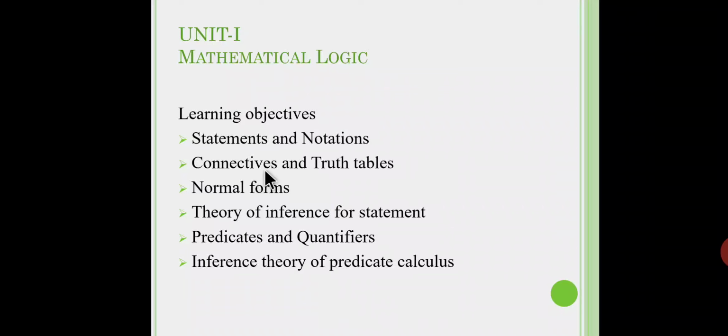The last connective is bi-implication, or the if and only if condition. If both P and Q have the same truth values, either true or false, then the compound statement P bi-implication Q has the truth value true, otherwise in the remaining cases it is false.